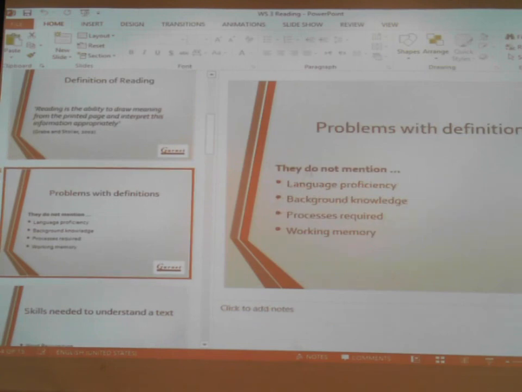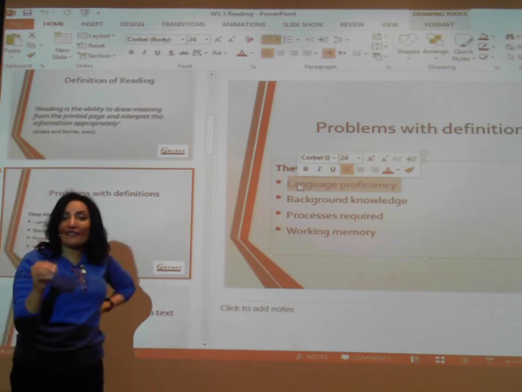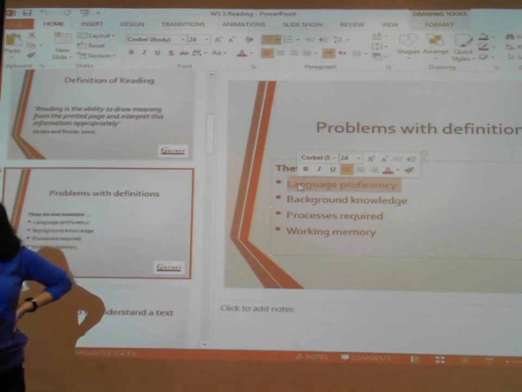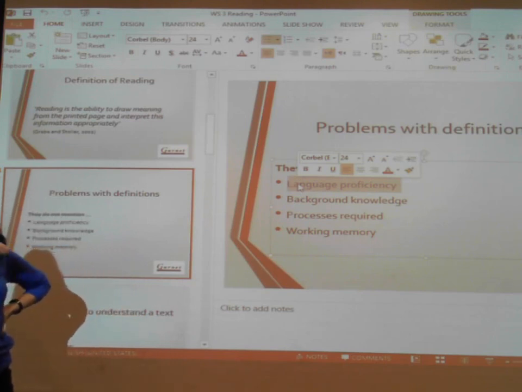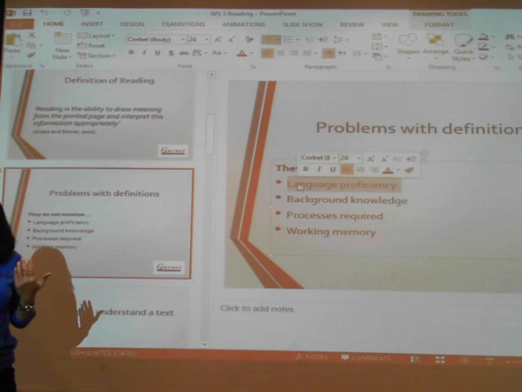Exactly. Well, the definition that we just had about reading does not specify the language proficiency. It doesn't tell us which student at which level can really draw meanings from a printed text. We don't know. This is not set for us.